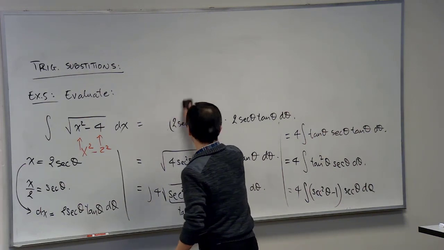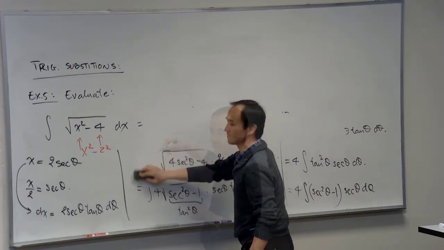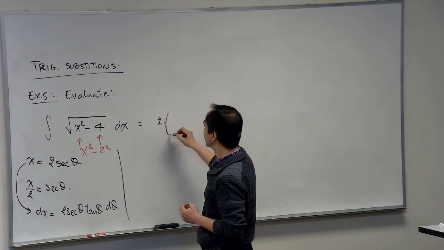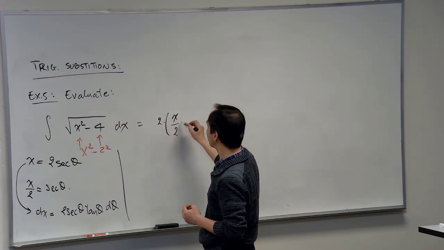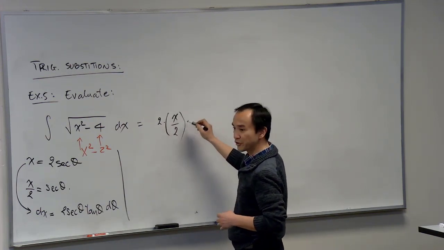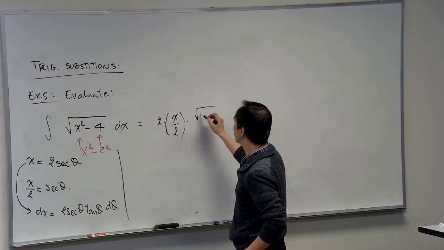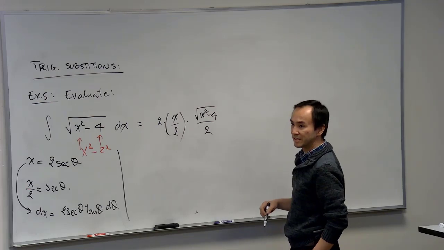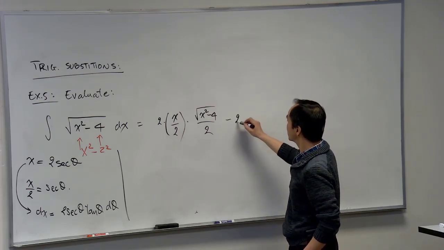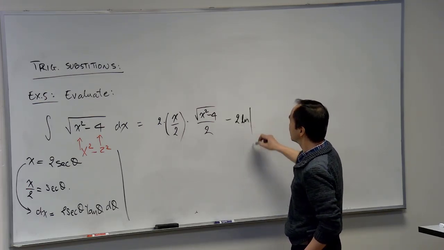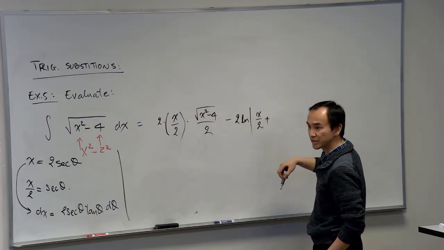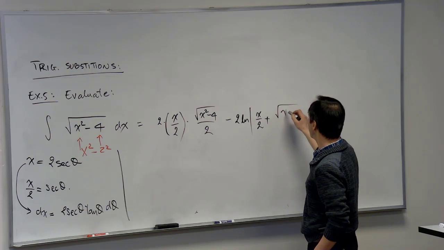All right. So after so much work done, 2 times secant theta was x over 2. Tangent was square root of x squared minus 4 over 2. Right, that was outside of the logarithm. So now minus 2 times logarithm, and then the secant was x over 2, right, and the tangent was the square root of x squared minus 4 all over 2.